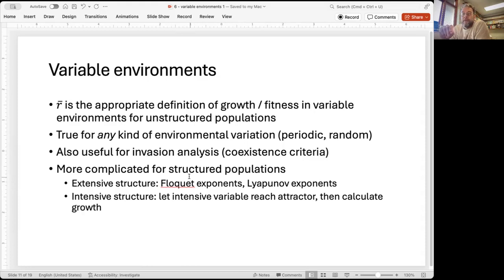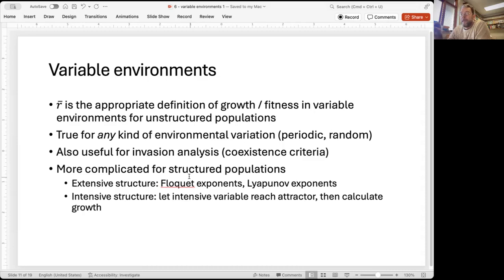What you do is you run the dynamics of the intensive variables like the quota as forced by the environment. Let that reach some sort of attractor, perhaps a periodic attractor if the forcing is periodic.